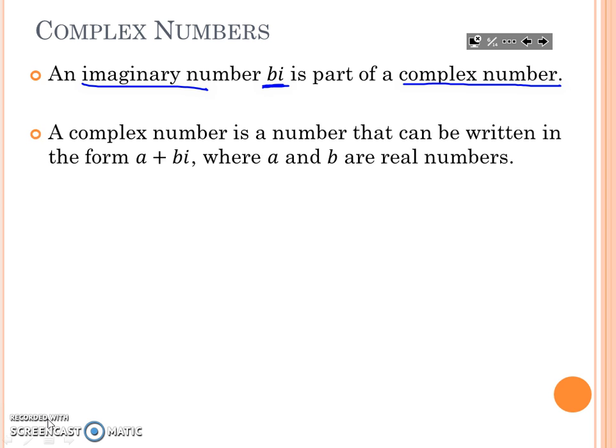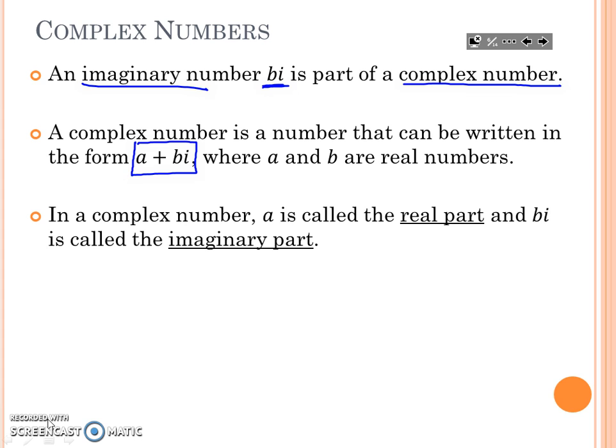A complex number is anything that is written in the form of a plus bi. So a is a real number, and then my bi is the imaginary part. So a is the real part of a complex number, and bi is my imaginary part. So a complex number is made up of a real part and an imaginary part.